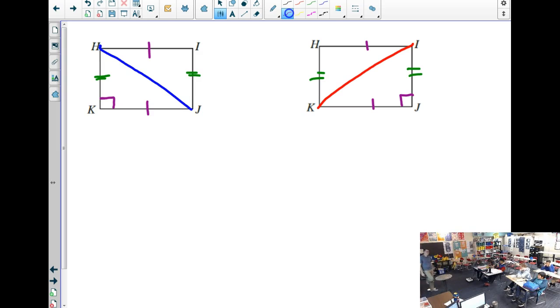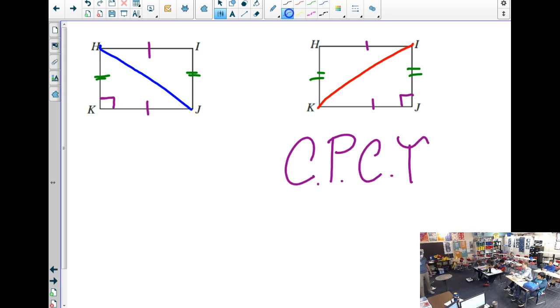Then once we have side angle side, CPCTC. Easy peasy. What does that stand for again? Corresponding parts of congruent triangles are congruent. Some people like to say pieces: corresponding pieces of congruent triangles are congruent.